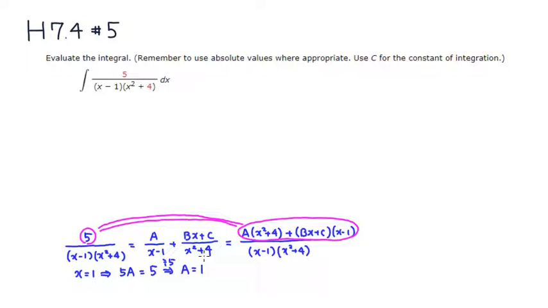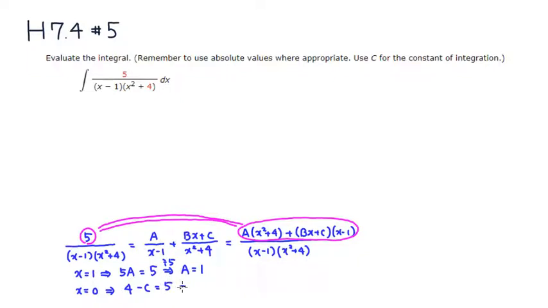Then another convenient number would be 0, which is always a good number. So I'm going to try x equals 0. A is already 1, so it's going to be 4 times 1, so 4. And if you put 0 here, Bx is 0, so C times negative 1 gives minus C. And this is equal to 5.